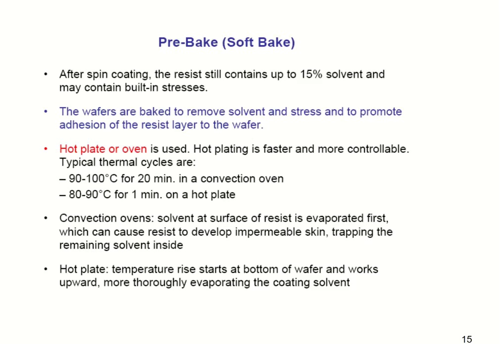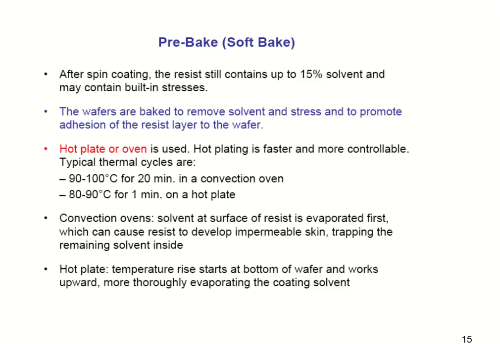The general way to do the soft bake is to put the wafer either on a hot plate or in an oven. On a hot plate, you usually need 80 to 90 degrees C for 1 minute. In a convection oven, you need a little higher temperature, 90 to 100 degrees C, for a longer time, like 20 minutes. On the hot plate, heat conducts directly from the hot metal plate to the substrate, so the temperature rises quickly.